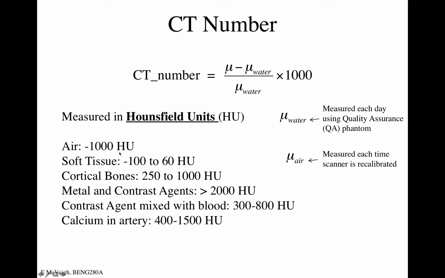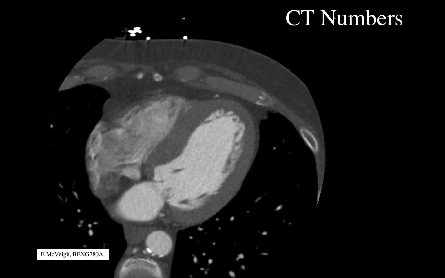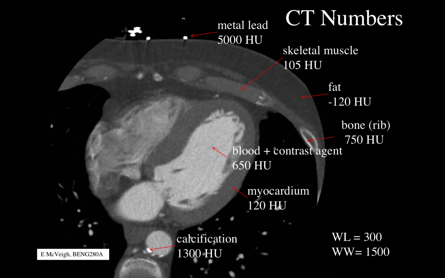This is also set to give you the full dynamic range. So the maximum intensity that you're going to measure gives you the signal from air, and that's minus 1,000. So you get to know these numbers for different tissues; they're characteristic of different tissues. So skeletal muscle, Hounsfield unit's about 100.